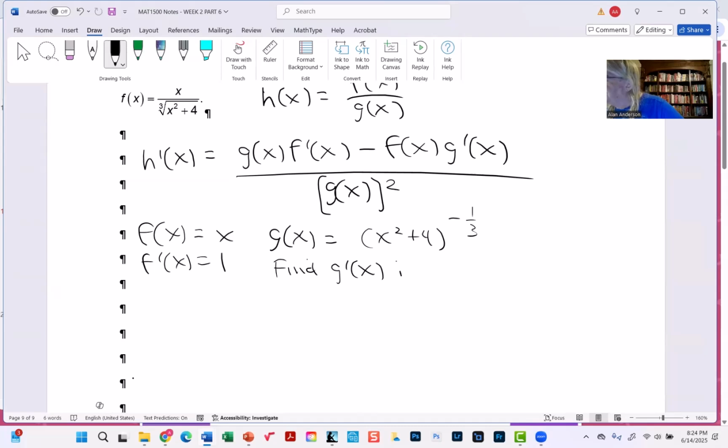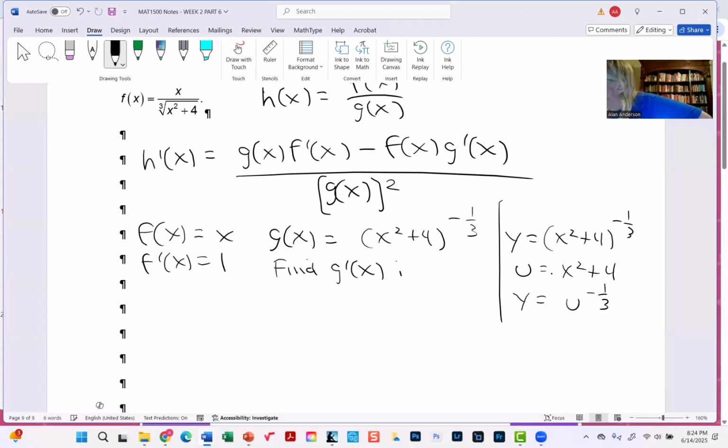So let's try this approach. We've been doing it like this with the chain rule. Let's be consistent with our notation here. So y equals u to the minus 1/3.